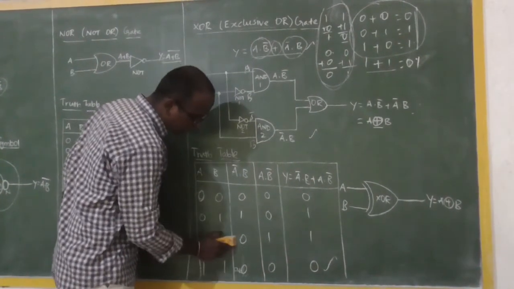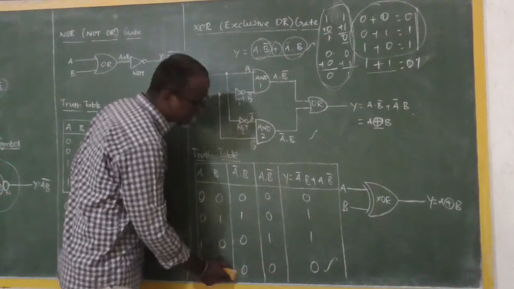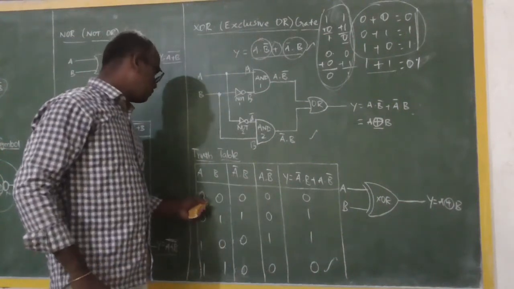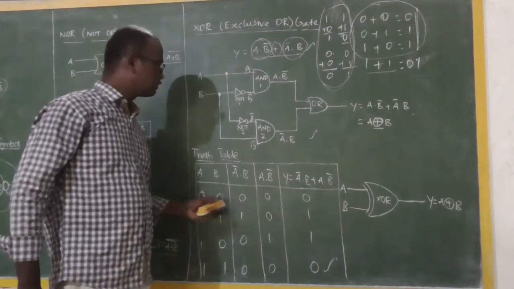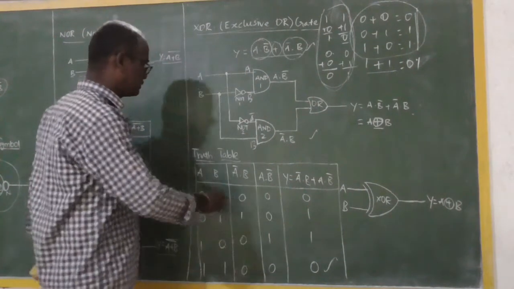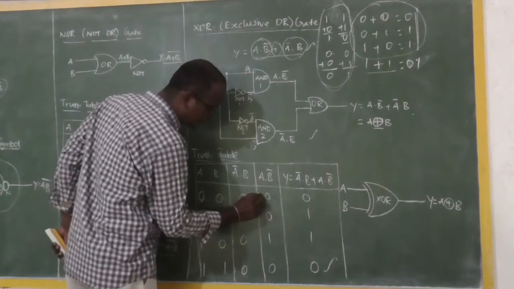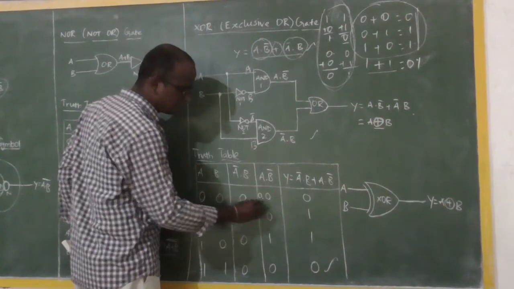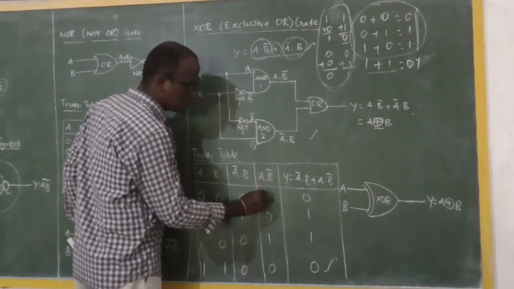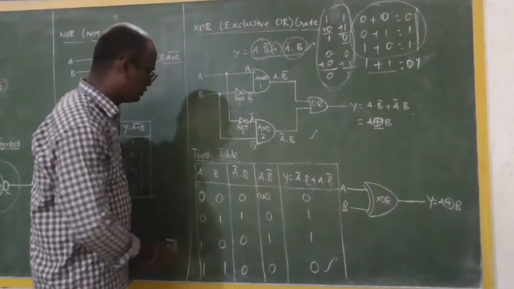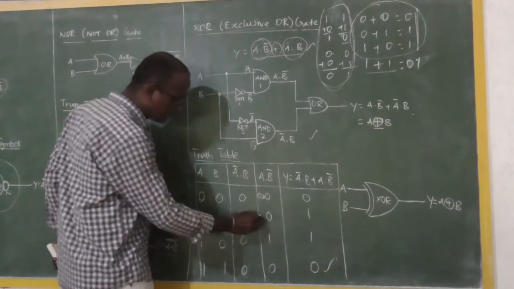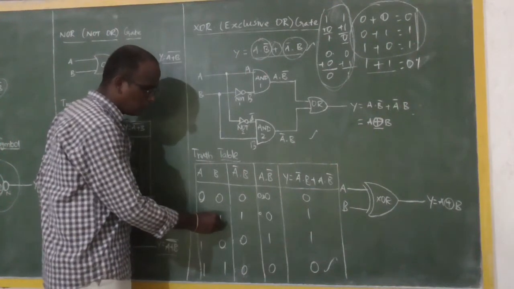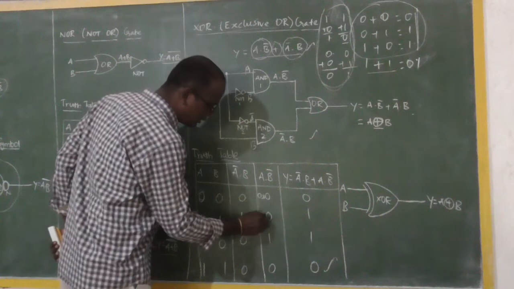Then we move to the result of the second AND gate, A dot B bar. Since we are applying 0 0 for the second AND gate, A is directly applied, but B is complemented. The complement of 0 becomes 1. That is 0 dot 1 is equal to 0. Next, A is directly applied as 0. Next, we apply 1 for B, therefore B bar becomes 0.